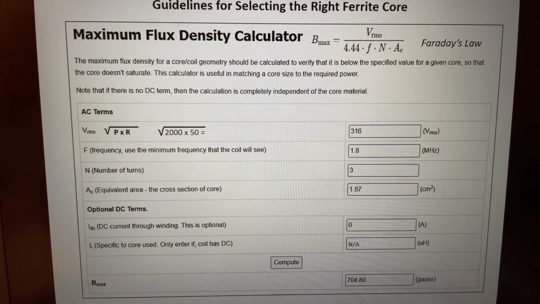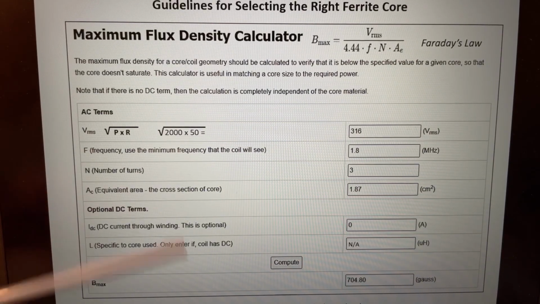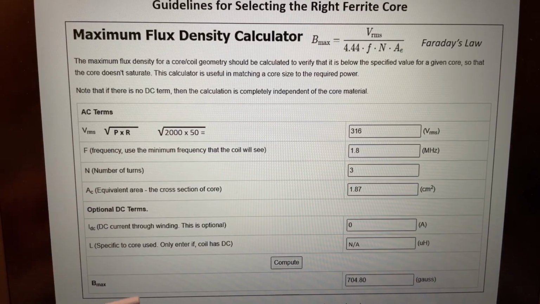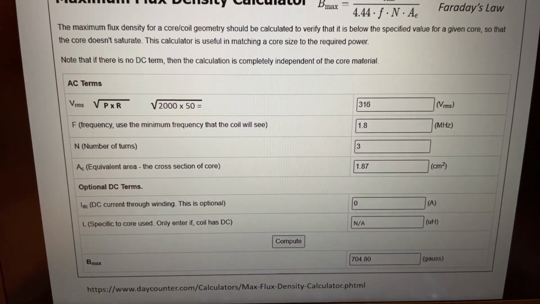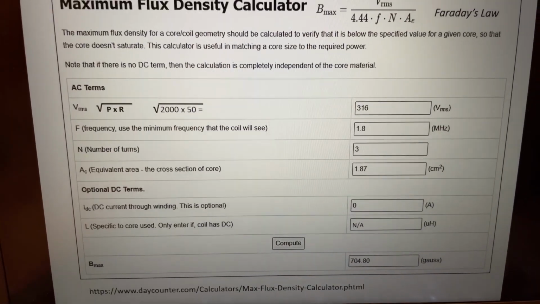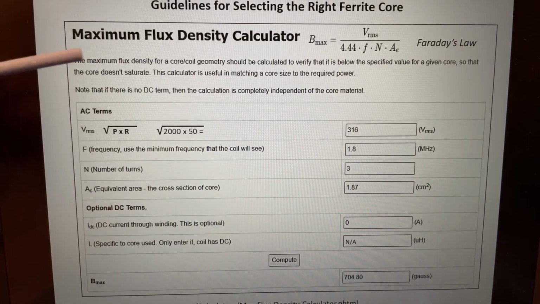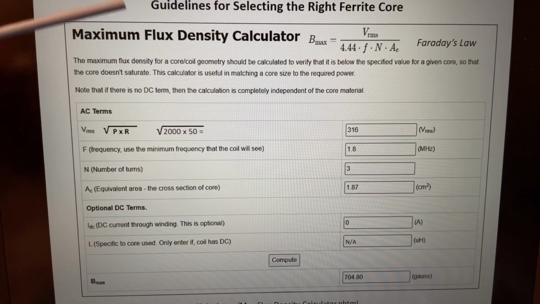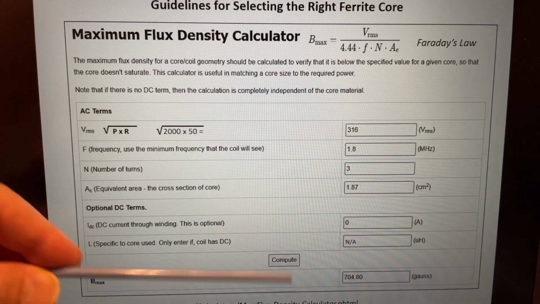What you want to be able to do is to calculate the maximum flux density, and there's an online calculator here that you can find at DX Engineering. I'm just going to tip my camera slightly. You can see the URL on the bottom there. This calculator allows us to calculate the flux density, which we typically call B, in Gauss.